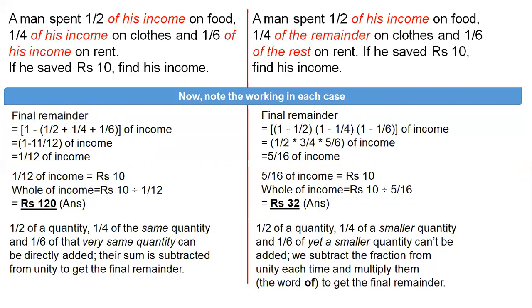The word of means multiplication. Of 1/4 of the remainder, 1/6 of the rest. So we multiply all of them. So 1 minus 1/2 is 1/2, 1 minus 1/4 is 3/4, 1 minus 1/6 is 5/6. We multiply all of them to get the final remainder.